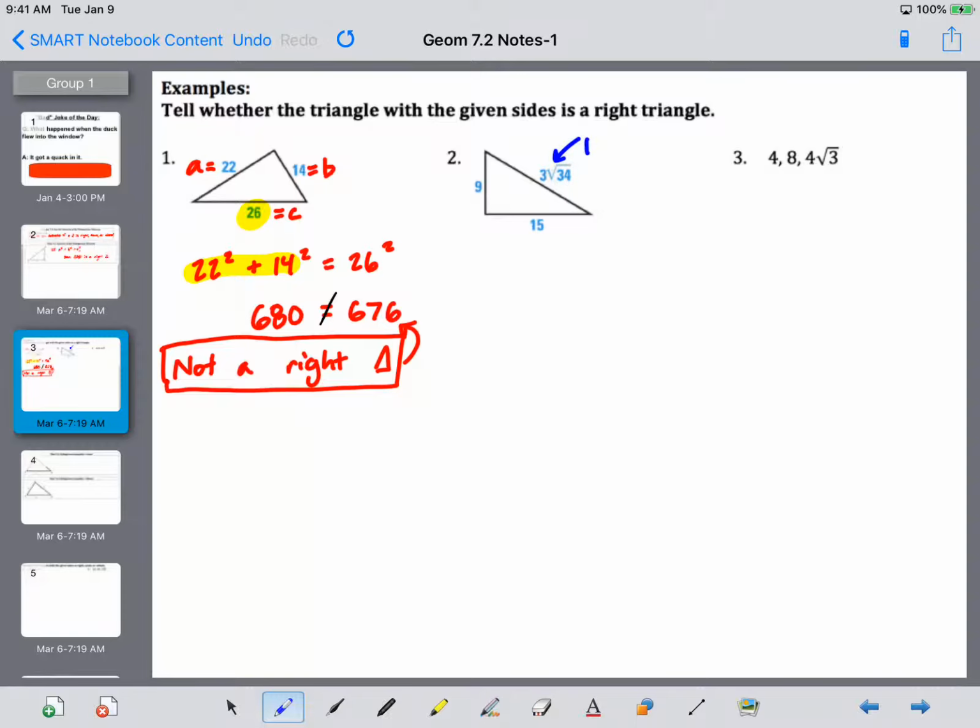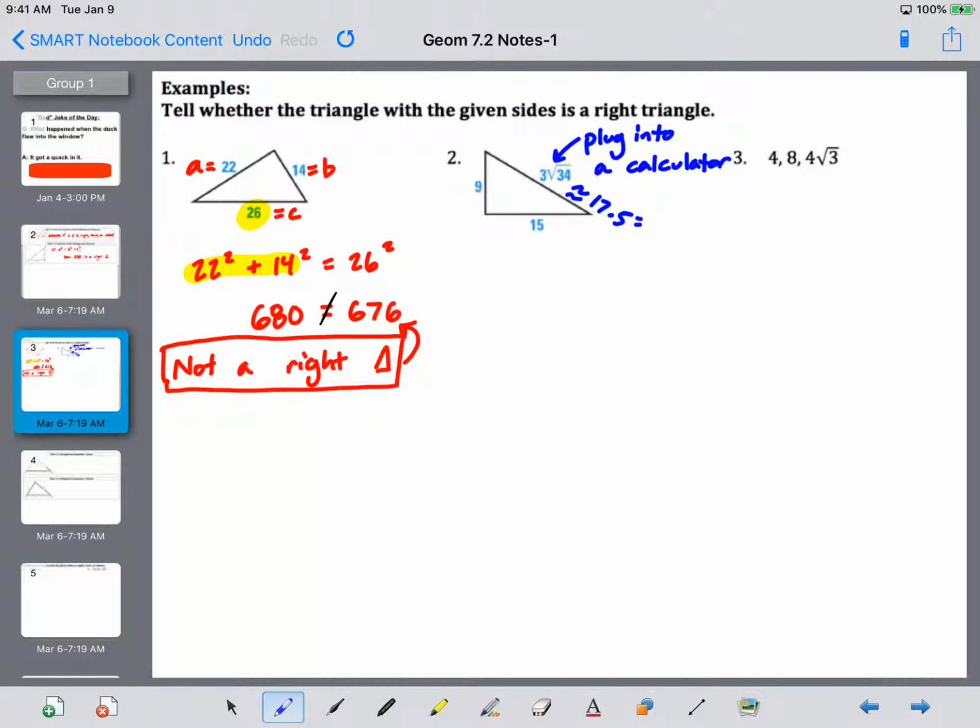So what we have to do is plug this into a calculator, and that's going to help us determine if it really is the longest side. When I plugged in 3 square root of 34 into a calculator, I got about 17.5. So that tells me that that really is the longest side.